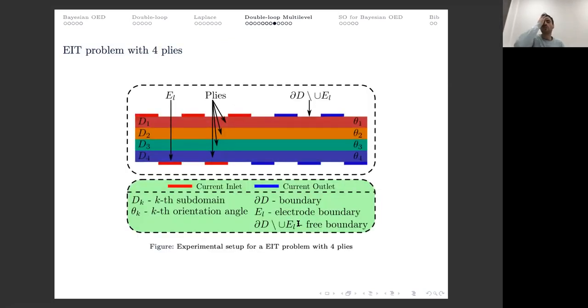So let me show you, I guess, only one example. Here we have, again, the same problem, but now we have 4 plies. This is the cross section of this plate. And again, red is current influx and blue is current outflux. And we are aiming at recovering the fiber orientation of each ply.